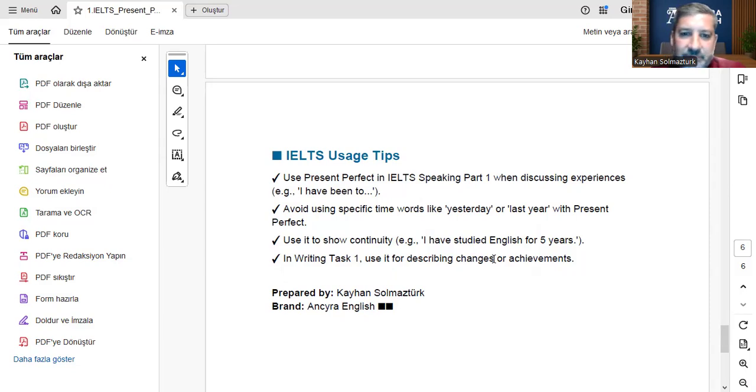Changes. So, for example, let's assume for a moment that you are describing, and I'm specifically talking about the academic training of the IELTS exam, the IELTS academic. For example, let's say you are describing a map, maybe, right?